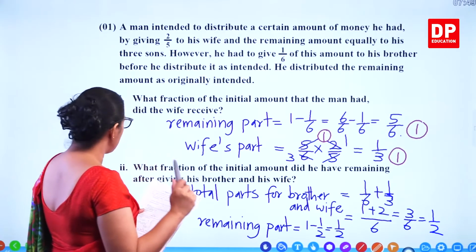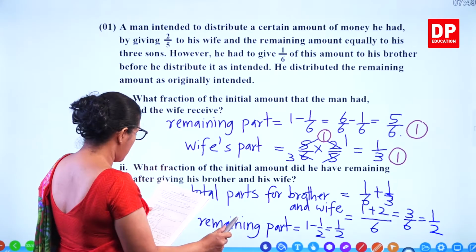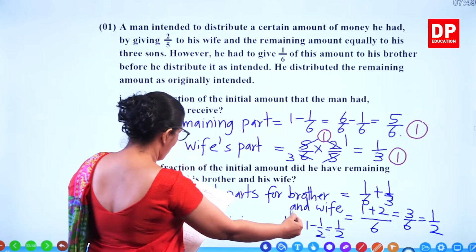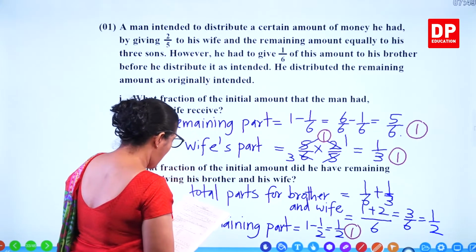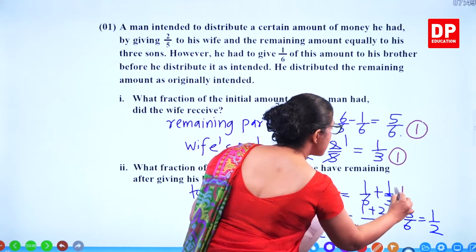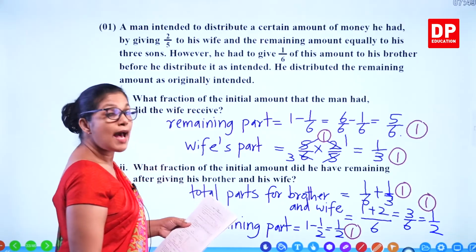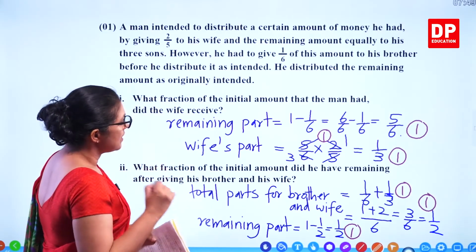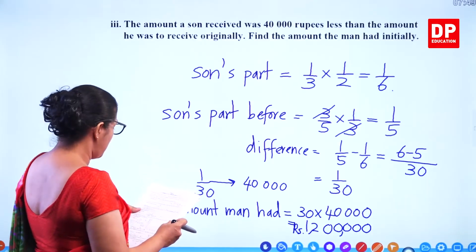And the second part, you get answer is half. So you get 1 mark for the answer and 1 mark for this step and 1 mark here. 3 marks for this as well. So altogether 6. Now let's take the next one.